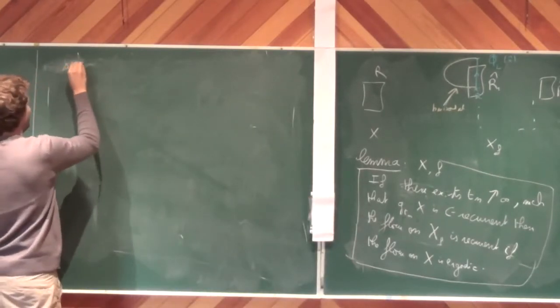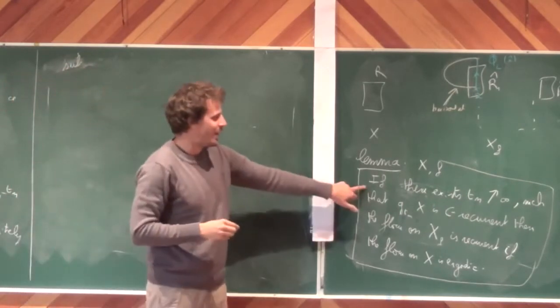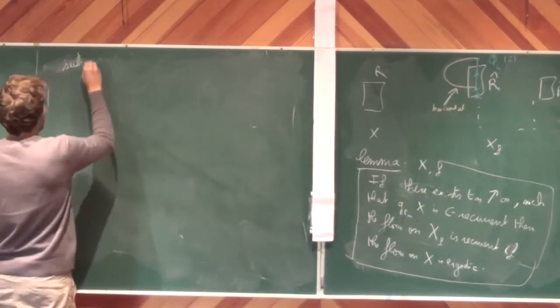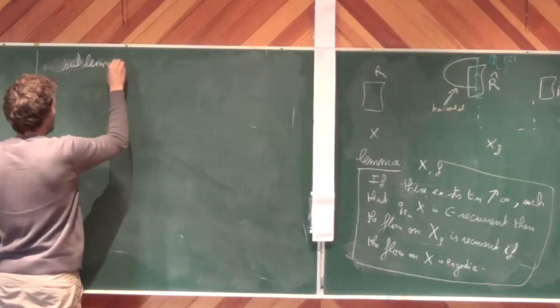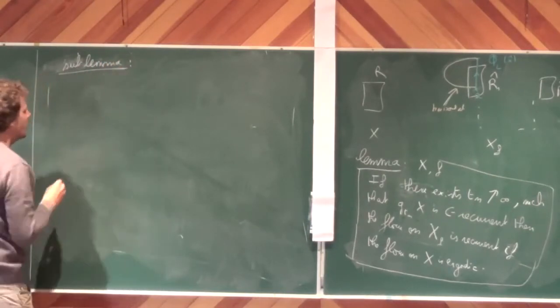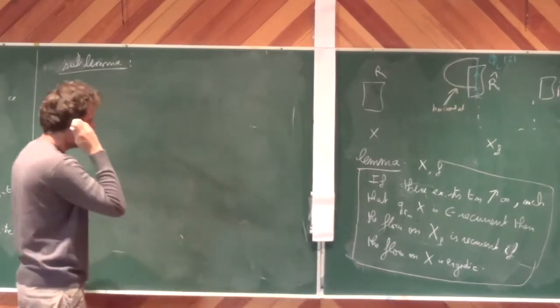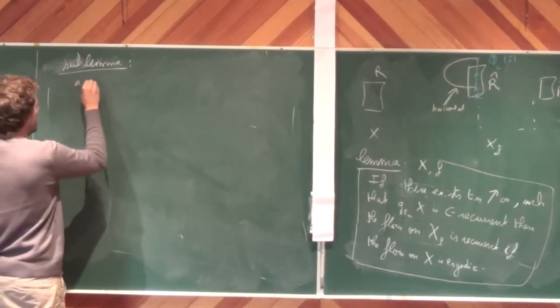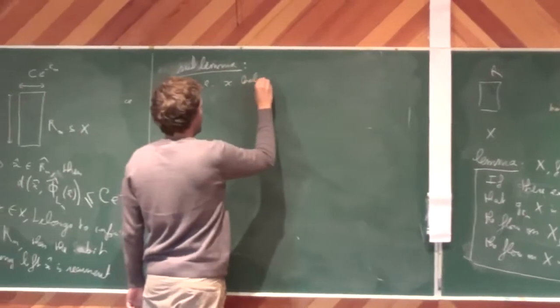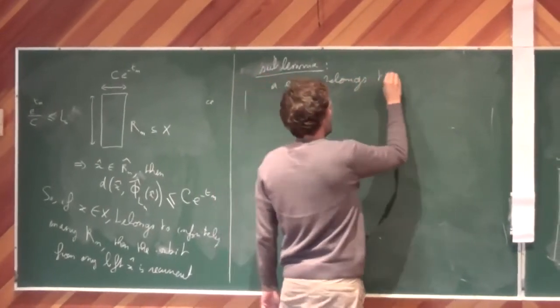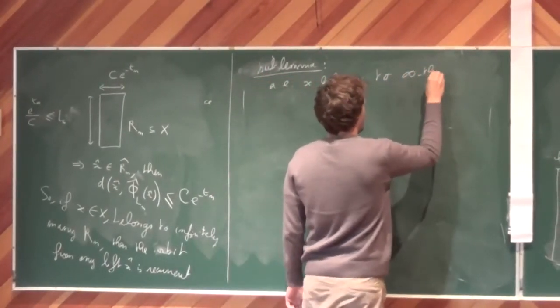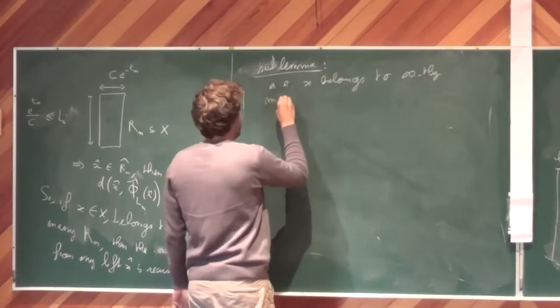Sublemma. Actually, this is a proposition in a Lelièvre paper. I think this is proposition 1 and lemma 1, something like that. Sublemma: I pick the same hypothesis as here. Almost every x belongs to infinitely many Rn.